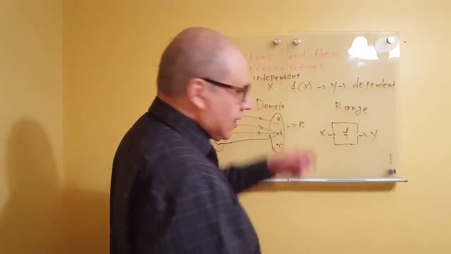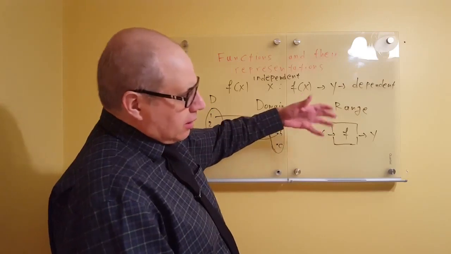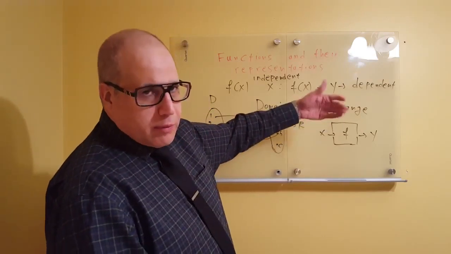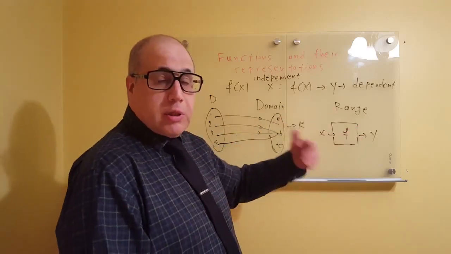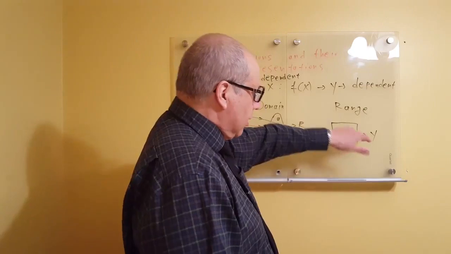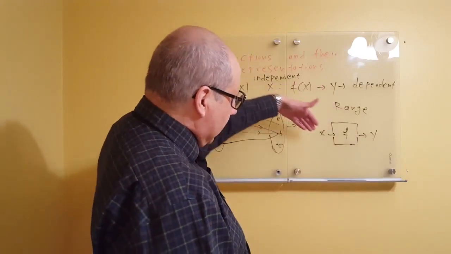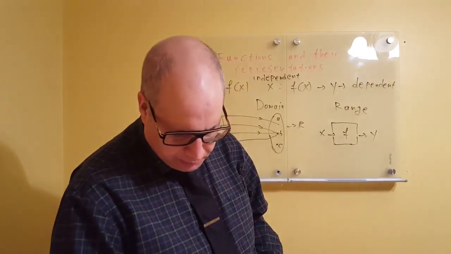So that means that x can be anything. That's why we call it independent. You can choose the values of x. So that's why it's called independent variable, because it doesn't depend on anything. While the y depends on the value of the x, that's why we call it dependent variable.